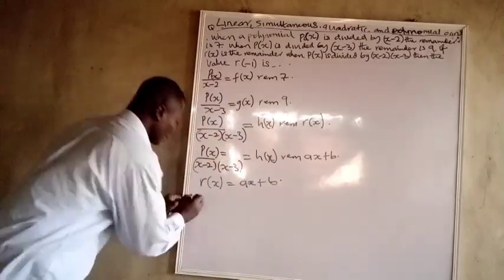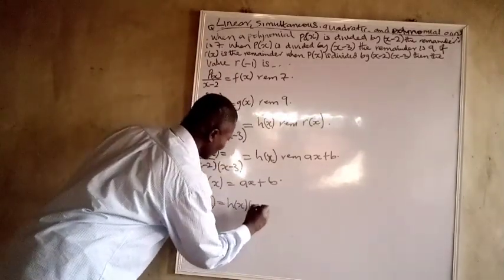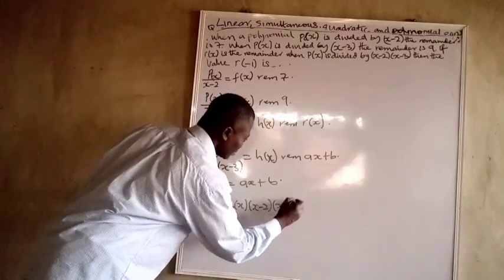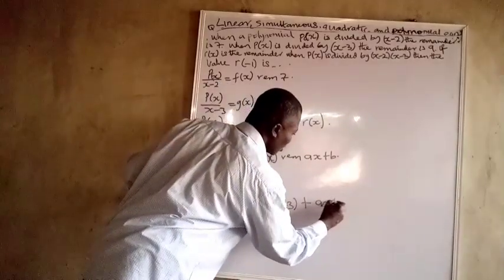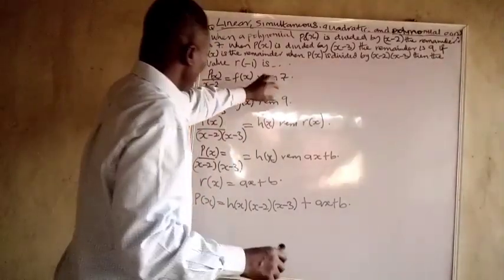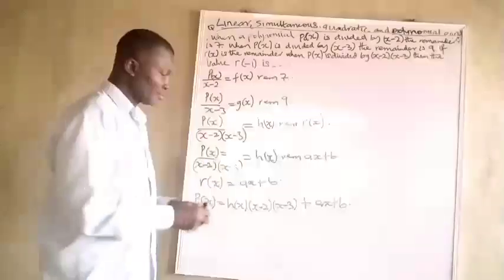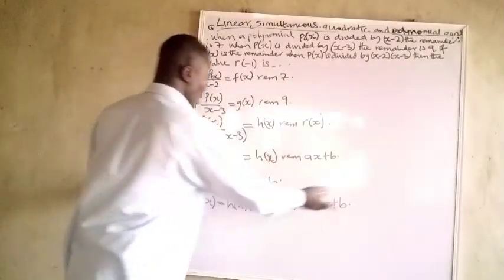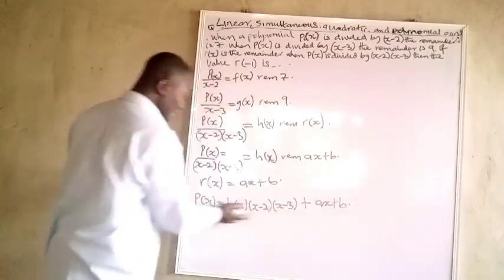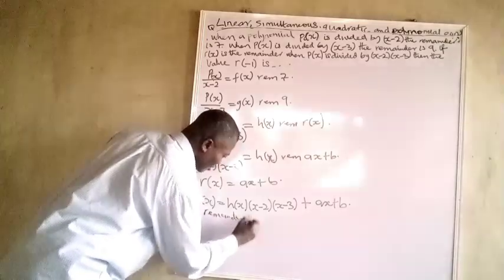Now let's find our rx. px can be expressed again as hx into x minus 2, x minus 3, plus ax plus b. And from the question, when we substitute 2 here using the remainder theorem, the answer will be equal to 7, and everything here will be 0. That is the remainder theorem.